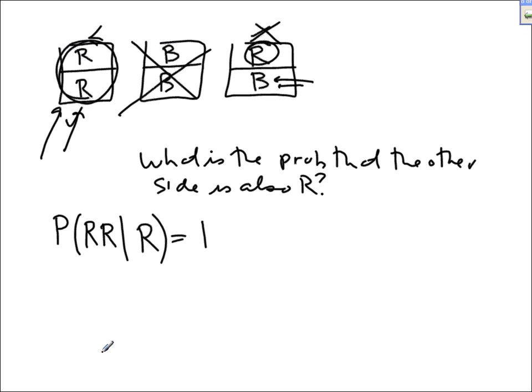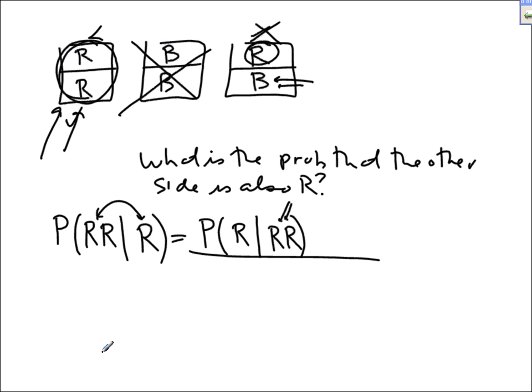We could reverse this. The probability that the front card is red, given that we have the red card. Now, here are the cards we could be getting. The probability of red, given that we have the red card.